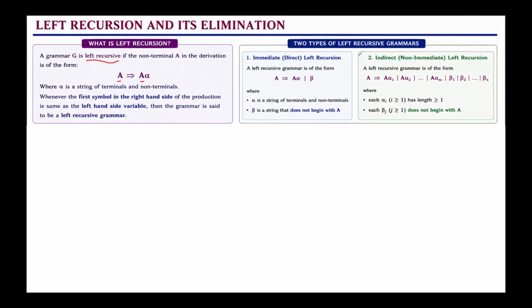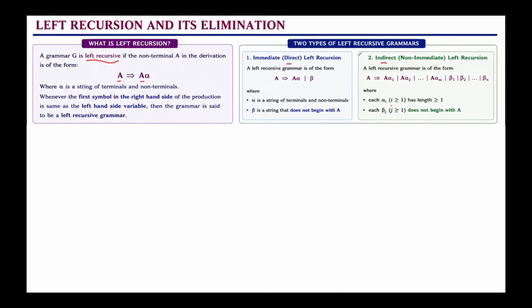Here we have two types of left recursive grammar. One is direct left recursion, and the other is indirect left recursion. If the left recursive grammar is of the form A tends to A alpha or beta, then alpha is a set of terminals and beta is a set of strings that does not begin with A. Then the other form is A tends to A alpha 1 or A alpha 2 up to A alpha m, followed by the beta productions.